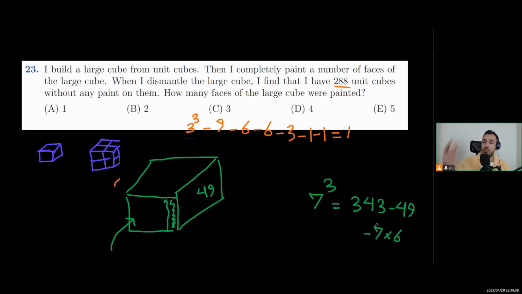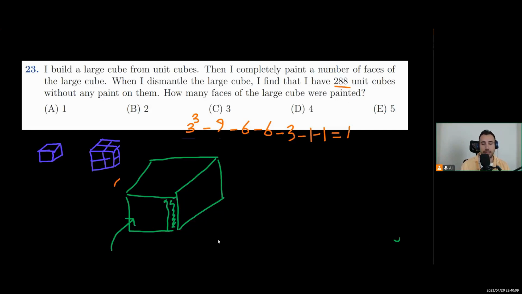If we paint 2 sides, it will be less than this. It would be, well, much less, 220 something. So that means this is wrong. There's no way to have a cube 7 by 7 by 7 that will be left with 288. So, well, not in luck, we have to go another one, 8 by 8 by 8.